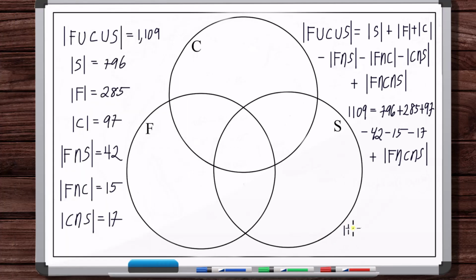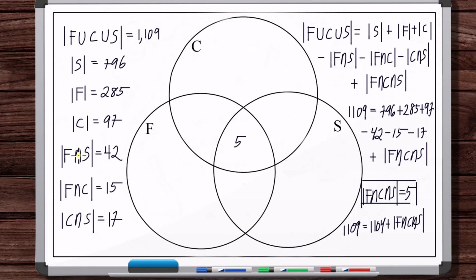So 1,109 is equal to 1,104 plus F intersection C intersection S. So the number of elements in F intersection C intersection S we can see is 5. Okay, and that's it. And we could actually fill this out. So this is 5.